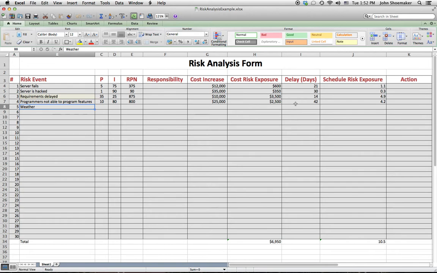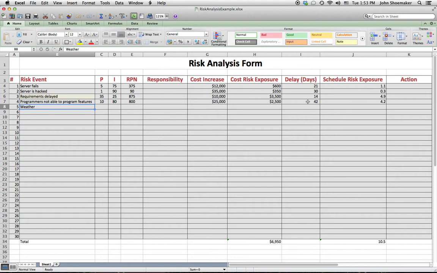And you'll notice that if cost is our project driver, then our biggest risk is going to be requirements delayed. On the other hand, if time is our driver, then the biggest risk is going to be programmers not able to program features. And so we have to determine our actions and our priorities based on that.